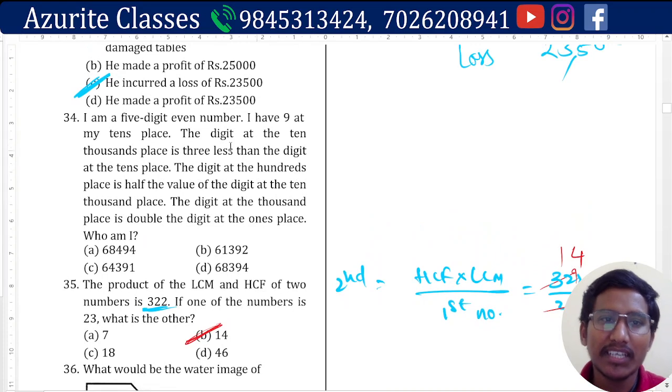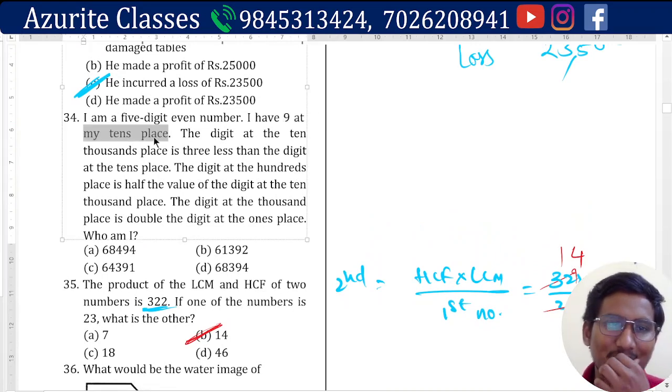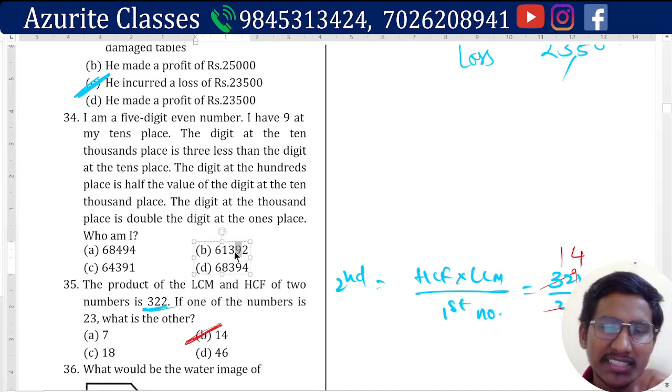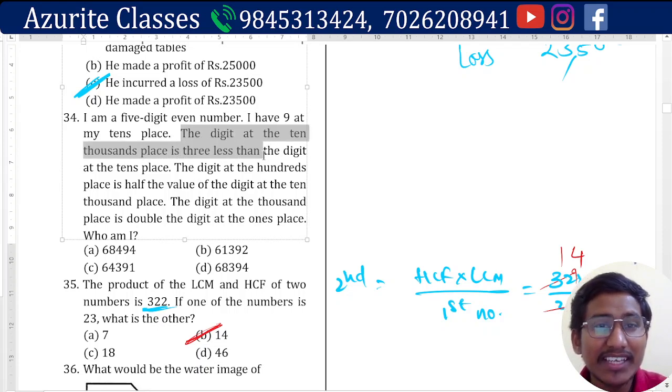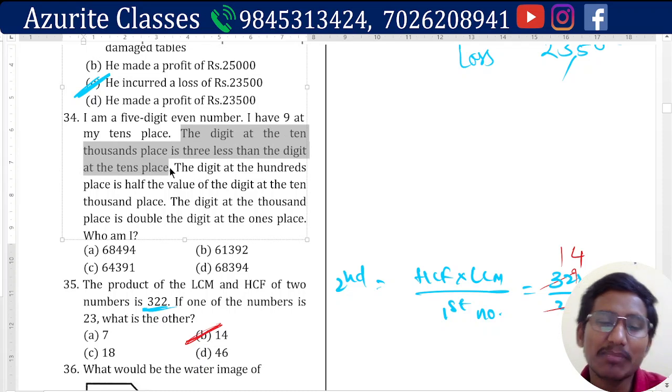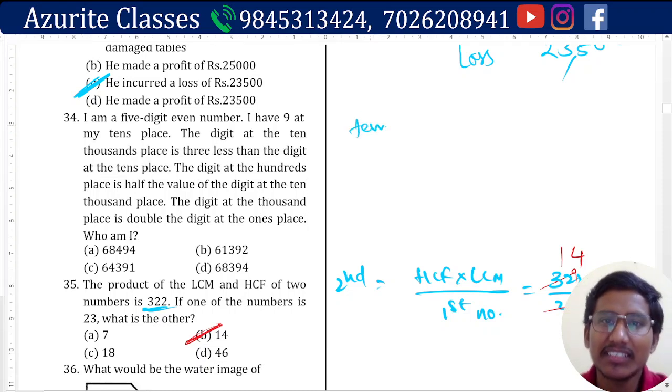So here, I am a 5-digit number. I have 9 at the tens place. So the tens place will be the second digit. In all options, the second digit is 9. And then the digit at the thousands place is 3 less than the digit at the tens place. The tens place digit is 9.